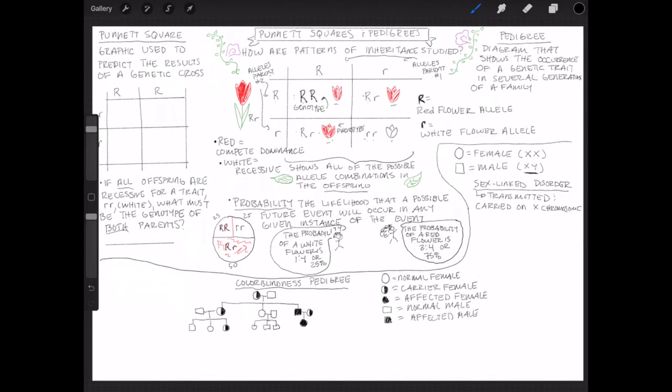And as you remember, the allele for color blindness is carried on the X chromosome.